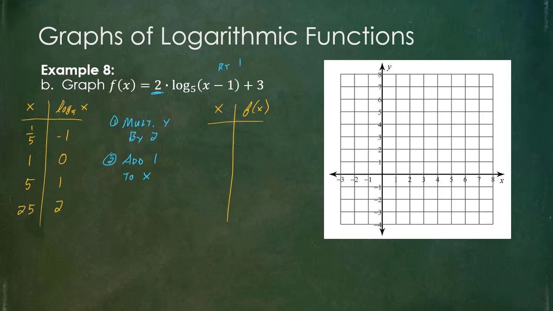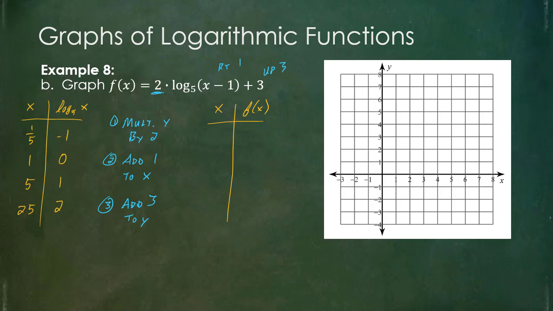And then the +3 at the end should move the graph up 3, so that's changing a y value. That would be the third thing I would do, add 3 to the y's. So the y's I have to do in a specific order. I do have to do the multiplication before I do the addition. Still think in terms of order of operations.